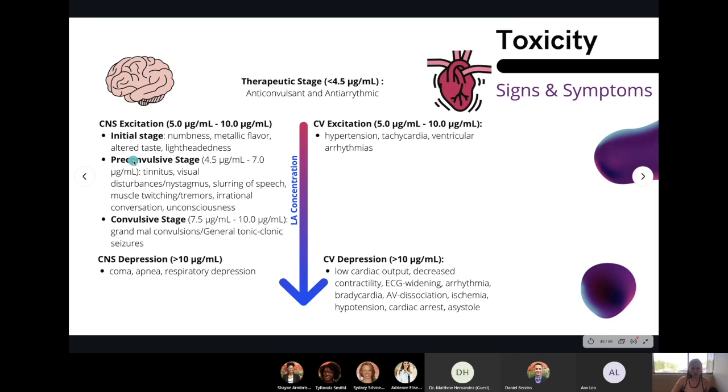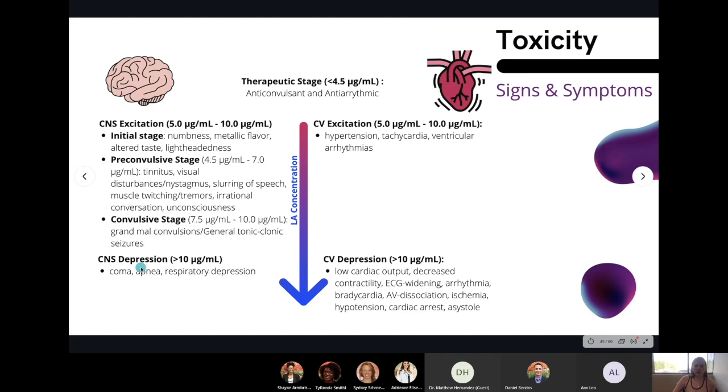The next phase is the preconvulsive phase, between 4.5 and 7 micrograms per milliliter, which includes the symptoms of tinnitus, visual disturbance and nystagmus, slurring of speech, muscle twitching and tremors, irrational conversations, and unconsciousness. The last phase of CNS excitation is the convulsive stage, 7.5 to 10 micrograms per milliliter, and that's where grand mal convulsions or generalized tonic-clonic seizures happen.